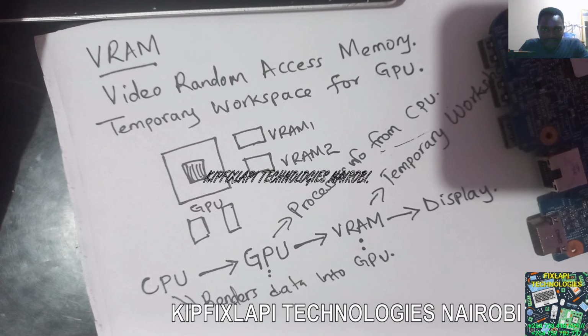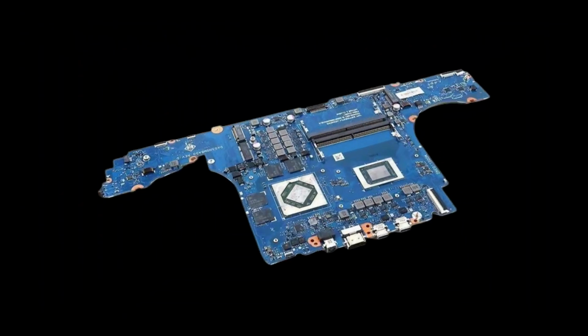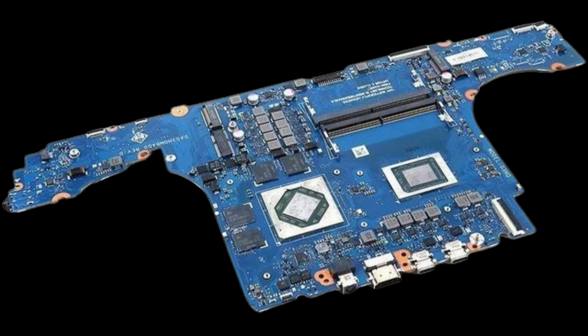So here you can see this motherboard. You can see there are two main chipsets there. You have one which is rectangular in shape, and then you have another one which is squared. That squared one is the GPU. As you can see, there are some chips around it.